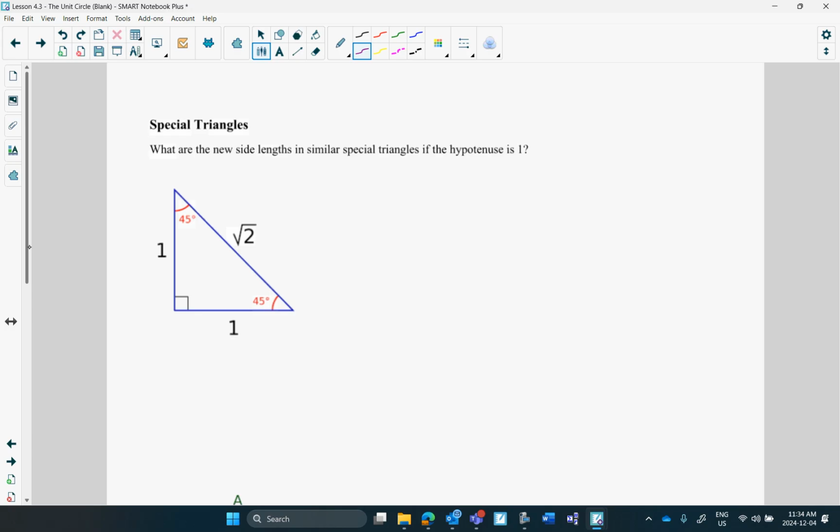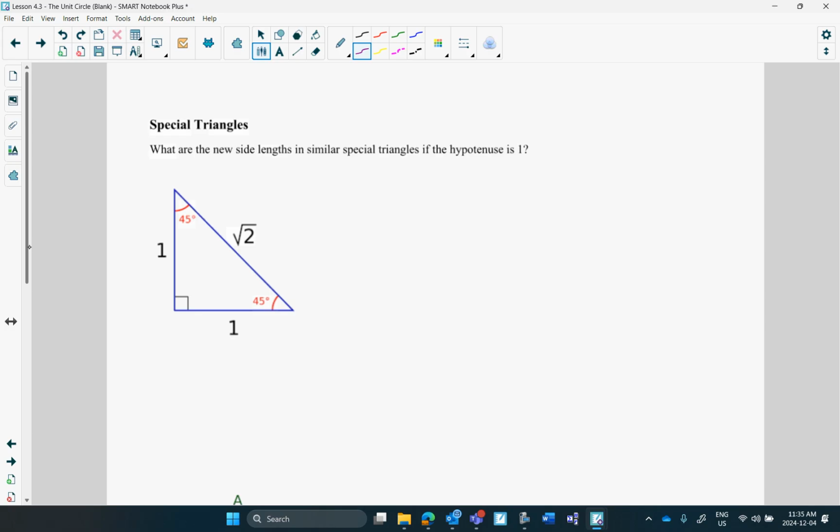Because, do you remember the name of the type of triangle where two of the angles are equal? Isosceles. Okay. So this length is 1, this length is 1. How did I get this? It's 1 squared plus 1 squared, and then take the square root is square root 2.